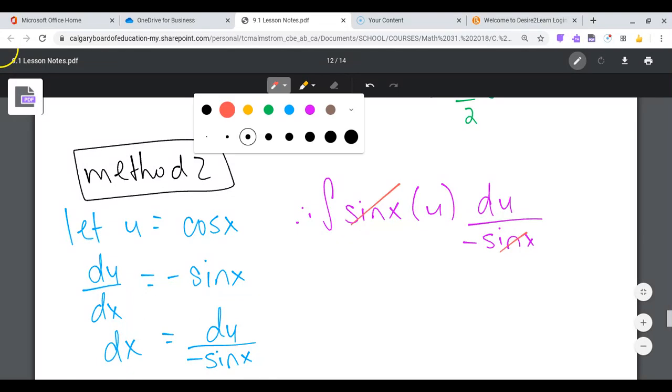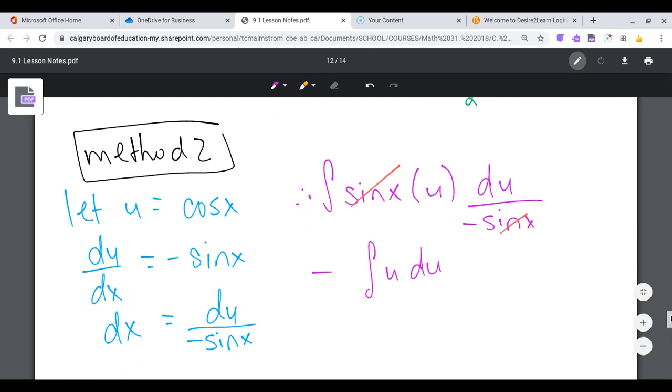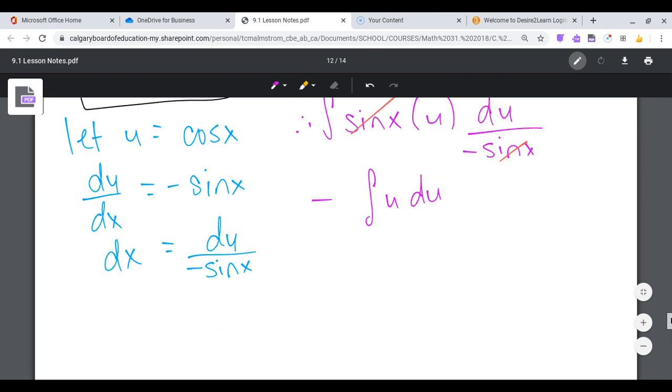I do have that negative, so let's make sure we remember there's a negative u du that I'm going to be integrating this time. And so I will get negative 1/2 u squared plus c, which is equal to negative 1/2 cos squared x plus c.